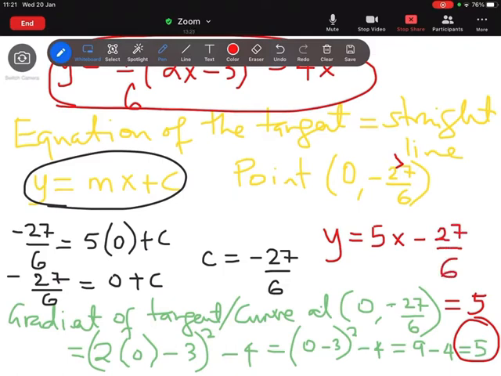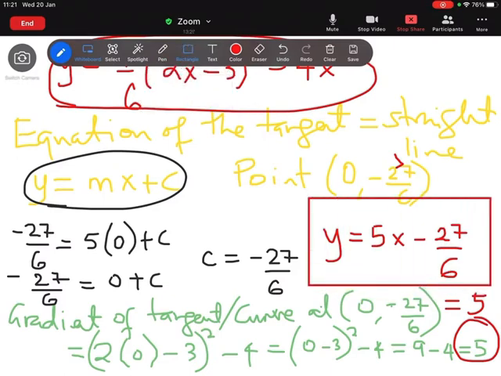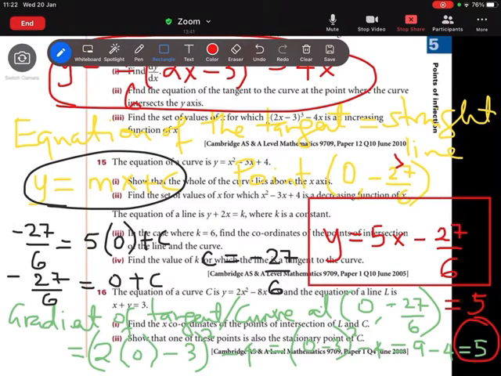And that's our answer. That there is the answer to the question, to find the equation of the tangent at the point 0, negative 27 over 6.